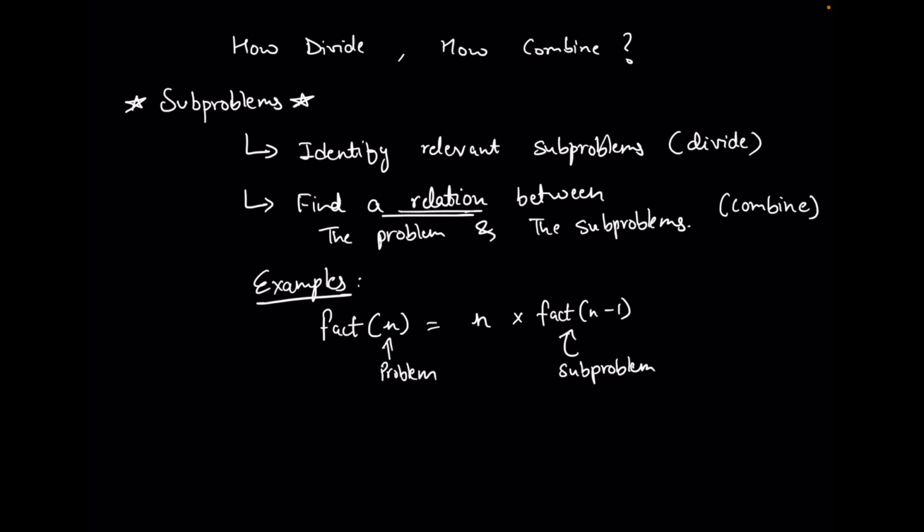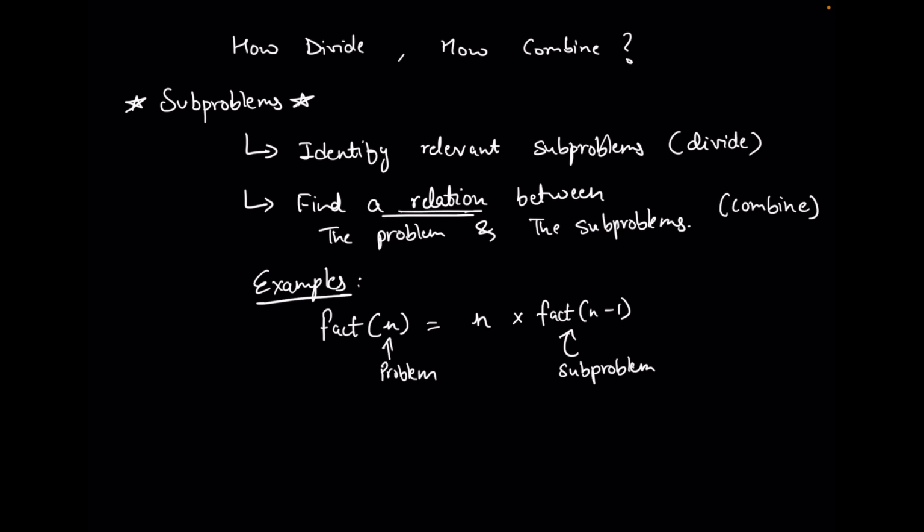It might not just be one small step like this, or the one we saw previously for Fibonacci. It might be a series of steps, an algorithm that starts from the solutions of the subproblems and eventually gives you the solution of the problem. And that's fine. All you need to know is how to get from the solutions of the subproblems to the solution of the problem, right? They should be related.